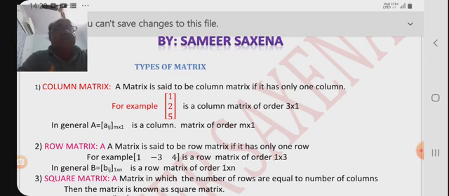Here's an example of 1 into 3 order. 1, minus 3 and 4 are the elements of row matrix in which there is only one row but columns are 3. In general, B equals to Bij 1 into n is a row matrix of order 1 into n.